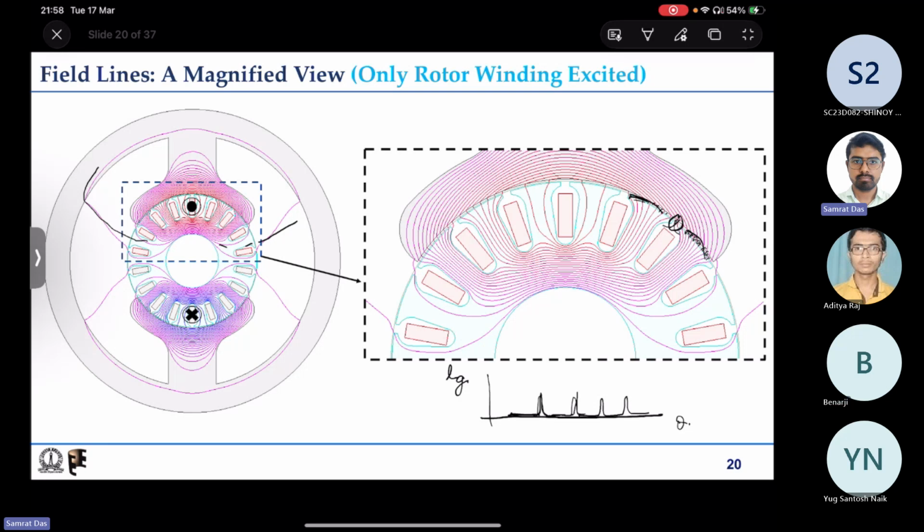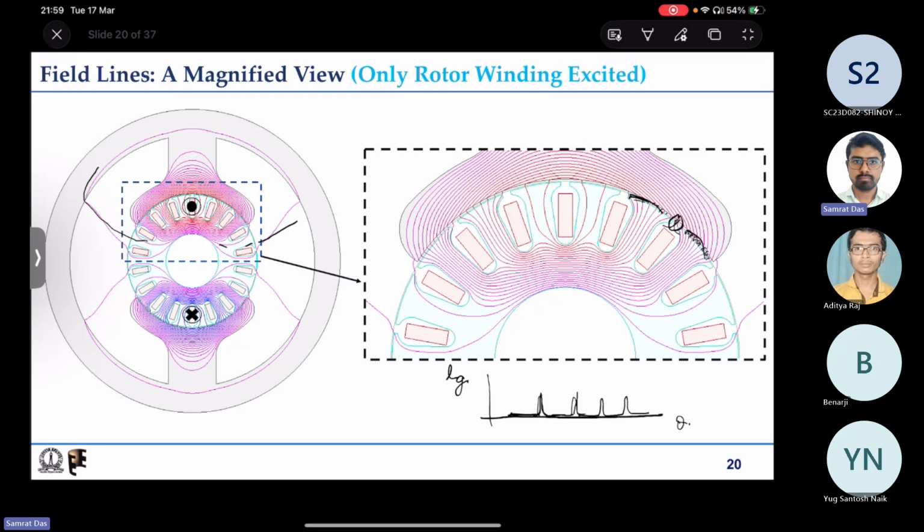See, any flux line distribution that you are having, in the software you are supposed to put how many flux lines you want. So the number of flux lines is always relative. I can increase the lines that I want to plot. So as per the density, it will get distributed.